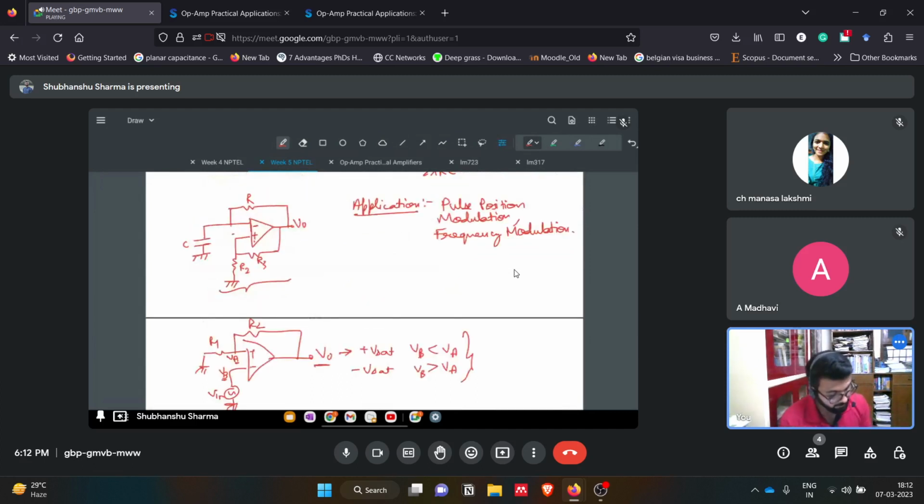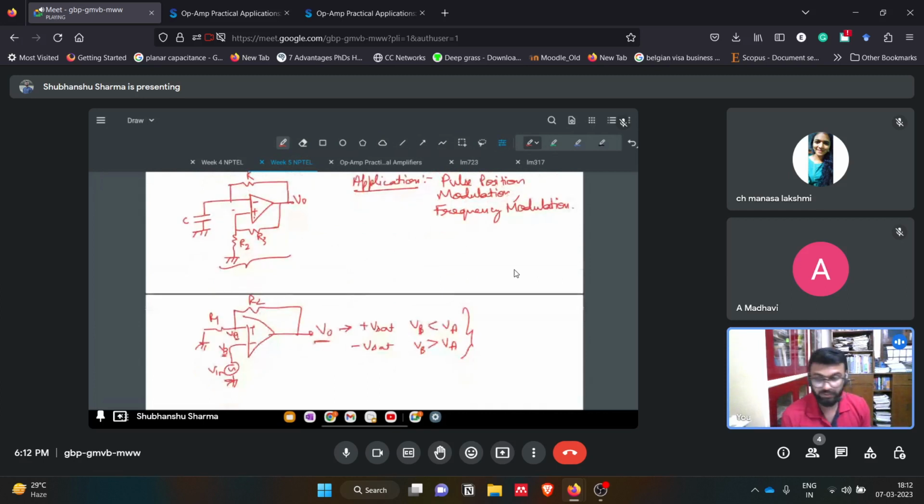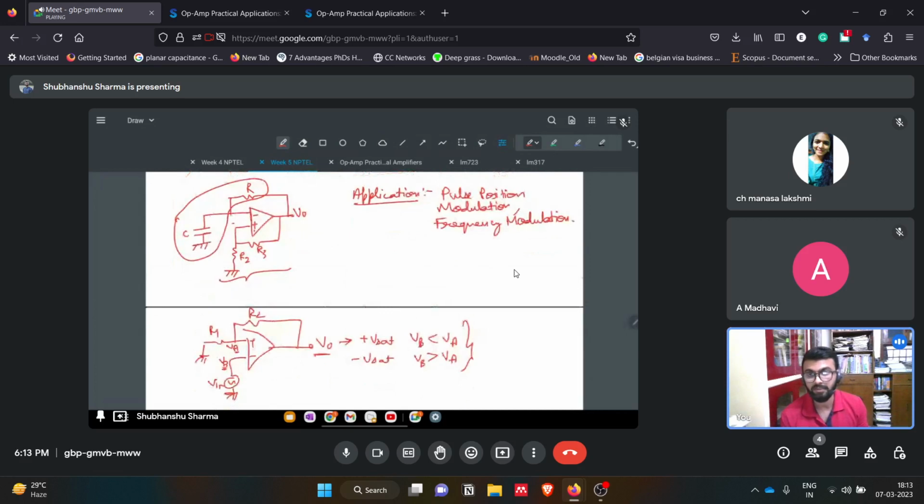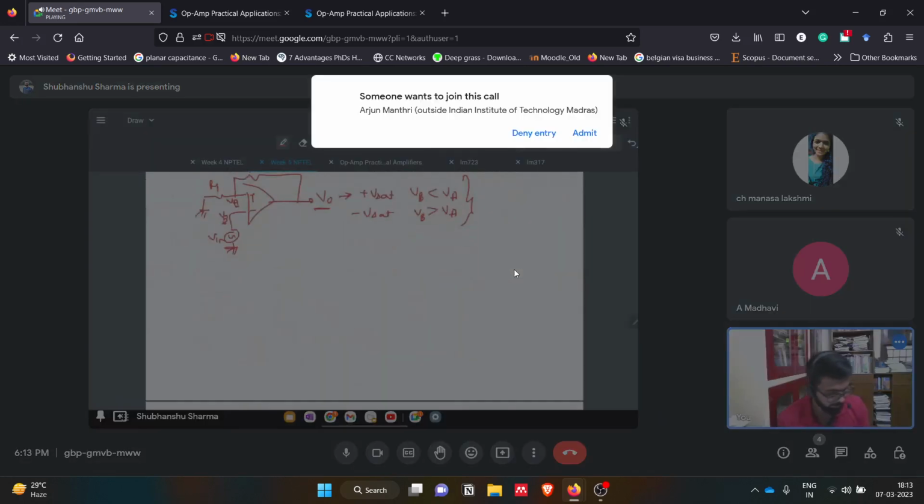Since we know the capacitor works on charging and discharging based on the input given to it, the same thing we will see here. Since there is an RC circuit here, we will see the functionality of the RC circuit in this op-amp application.